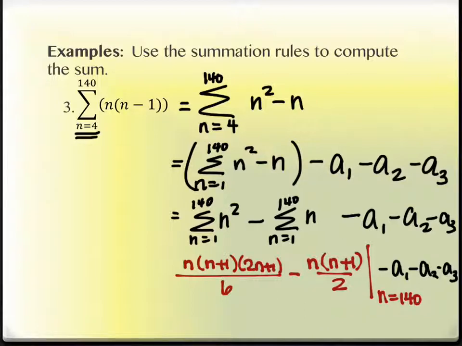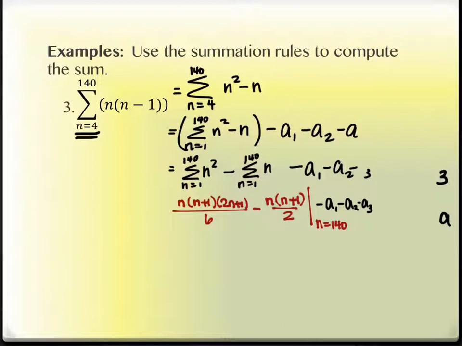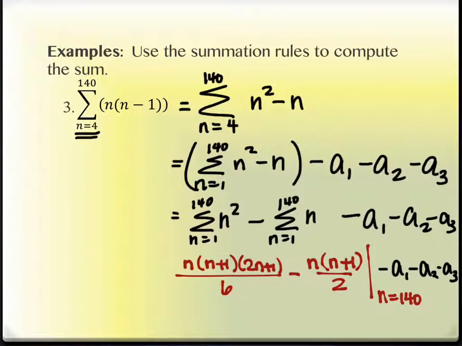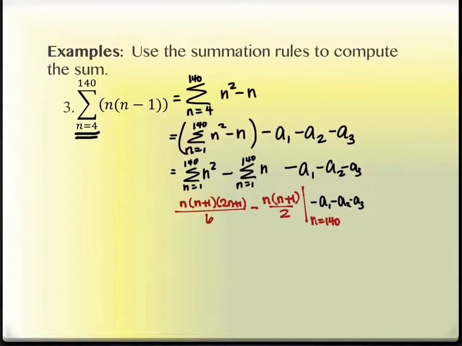Okay, n equal to 140. So I have 140 times 141. I need 140 times 2, that's 280 plus 1, so that'd be 281, all over 6.